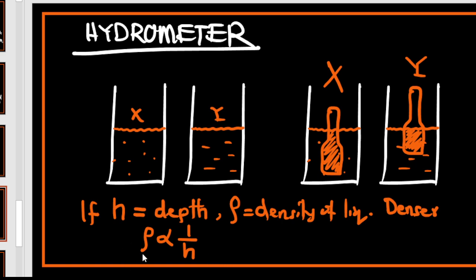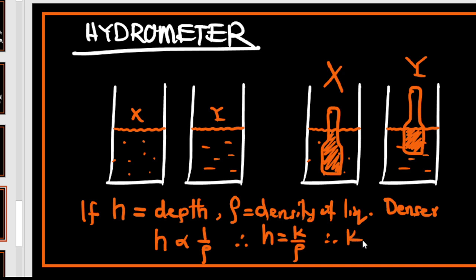Or let's put it this way, it's still the same thing, but I want to write it in a different form. The depth is inversely proportional to the density of the liquid. The more the density of the liquid, the lesser the depth, and vice versa. So if we write something like a constant k over rho, we end up having k equal to h rho. So I can say h1 rho1 equals h2 rho2.